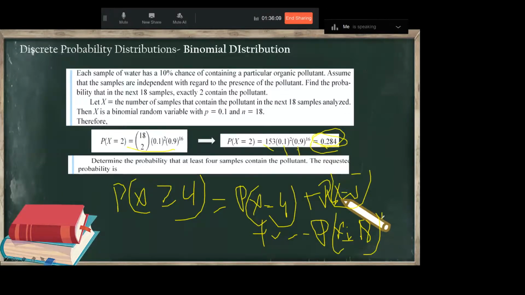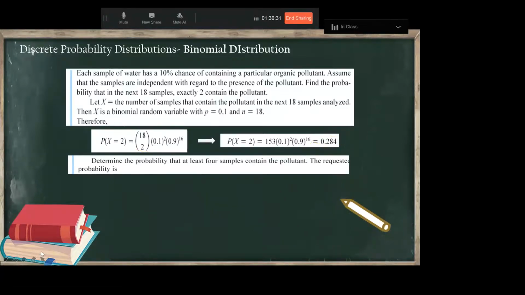How can one of you tell me how we can solve it in a simple way? Otherwise you have to calculate the probability of X equals 4 and X equals 5 and so on, up to X equals 18. So what's the other best possible way to calculate this one? Can you tell me what is the best way?